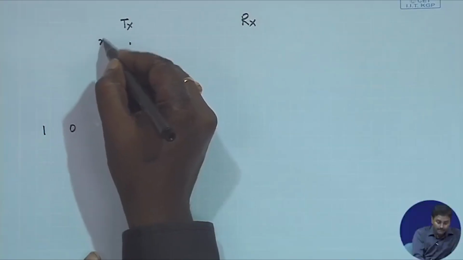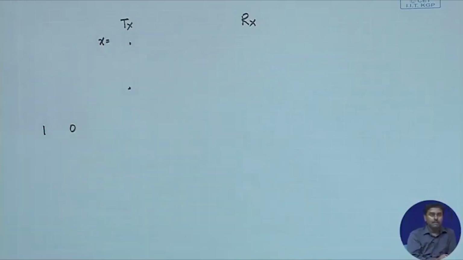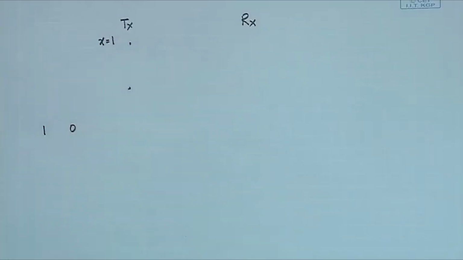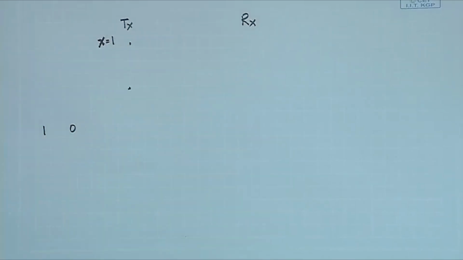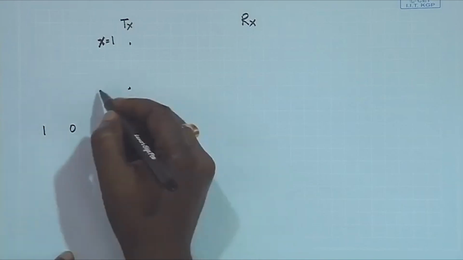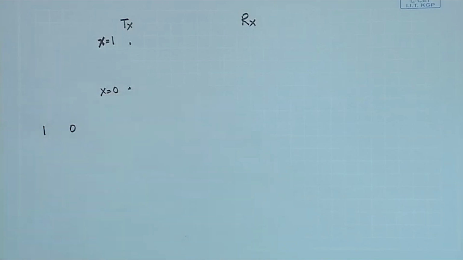Okay. So, let us say at the transmitter, because we are transmitting events, there is a random occurrence of these events, with a variable we will call x. X can take 1 or x can take 0. These are the two possible outcomes, and associated with them there are some probabilities.